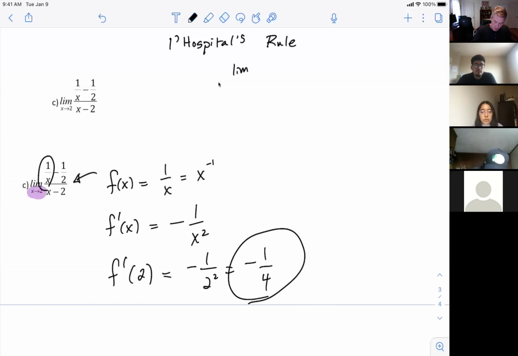If you're taking a limit as x goes to whatever, let's say as x goes to a, and then you have a top and a bottom. And then you just plug in the number a, and then suppose that you get 0 divided by 0, or you get infinity divided by infinity, both of which are undefined.